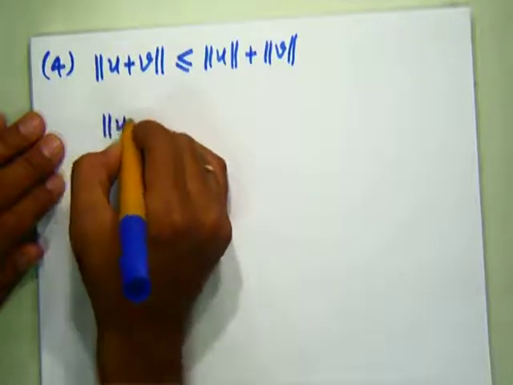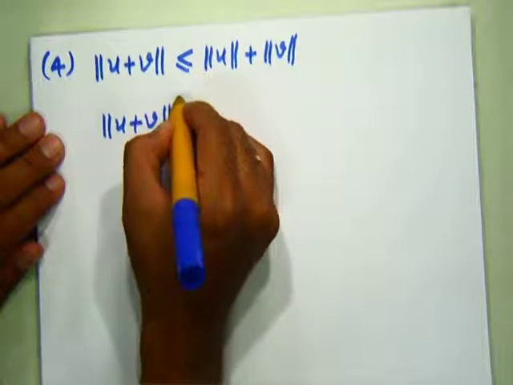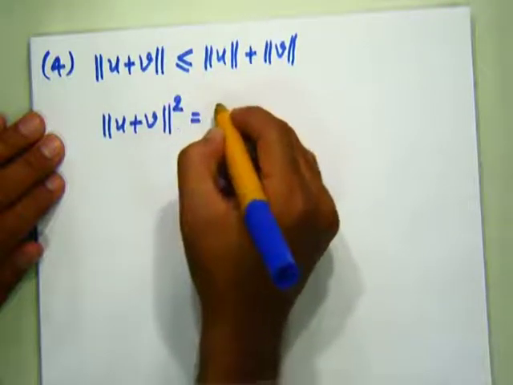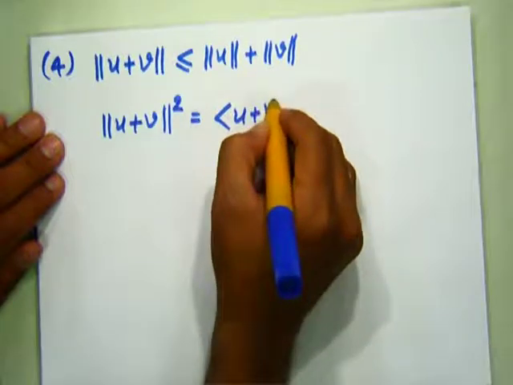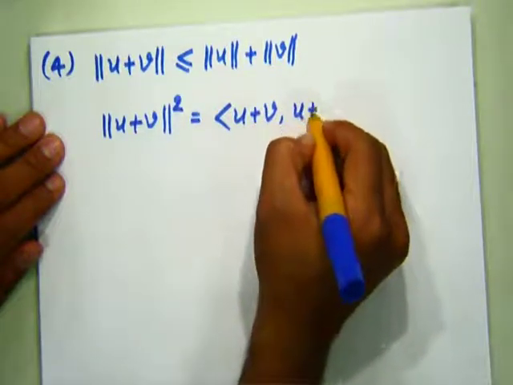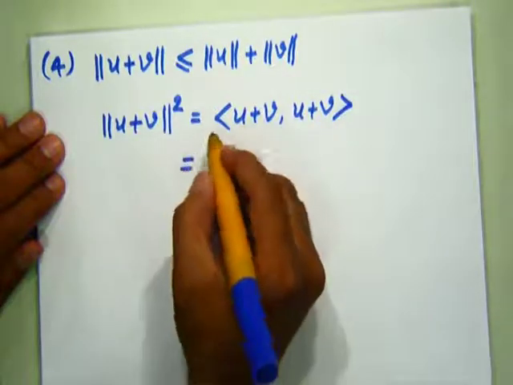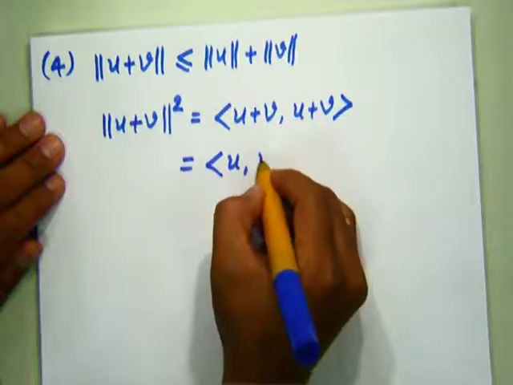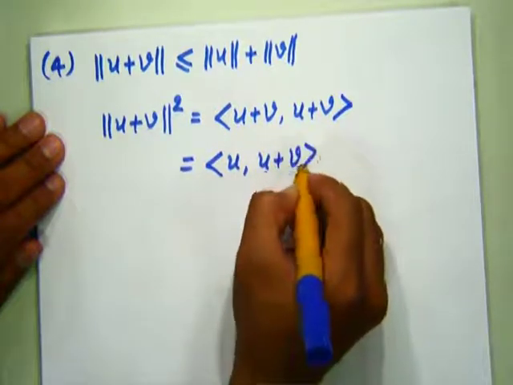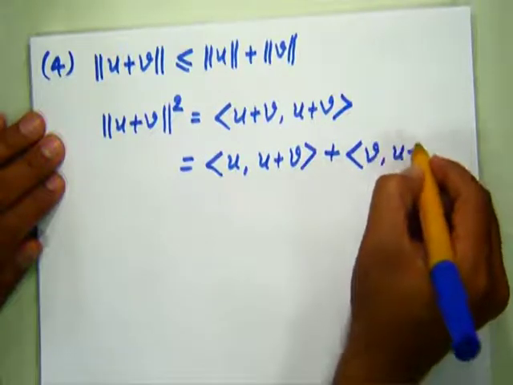Start with the norm of U plus V. If we take the square, then we know that it is the inner product of U plus V with U plus V. So using the properties of inner product, we can write the inner product of U with U plus V plus the inner product of V with U plus V.